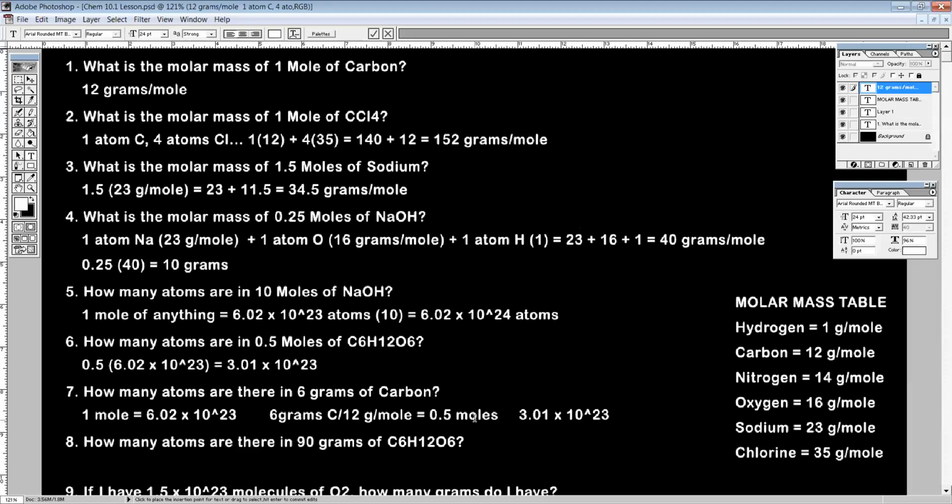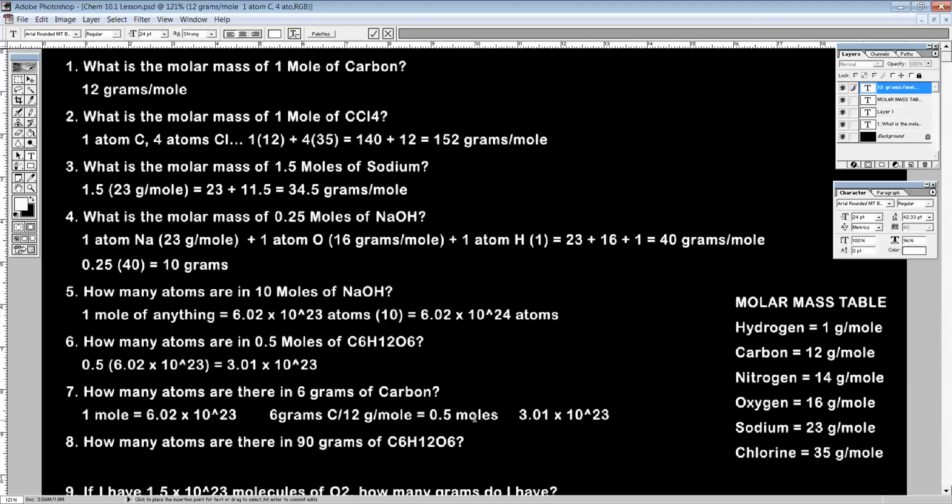Let me raise the screen here to capture. Now, we have 90 grams of C6H12O6. We need to calculate, first of all, how many moles that represents. So the first thing we have to do is calculate the molar mass of 1 mole of C6H12O6.